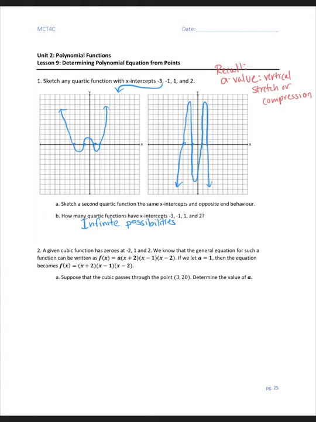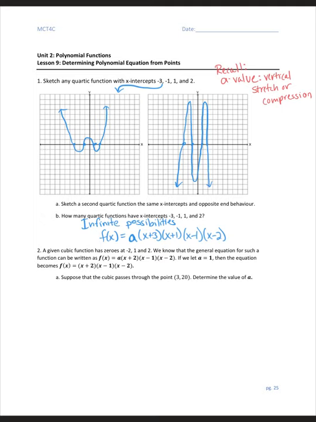Meaning that if we really wanted to write the general form of this equation, we could write that f of x is equal to, and before we write our zeros, we're going to put in that a value. And we'll write x plus 3, x plus 1, x minus 1, and x minus 2.